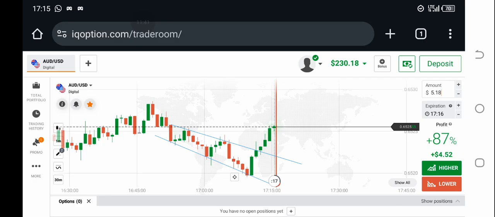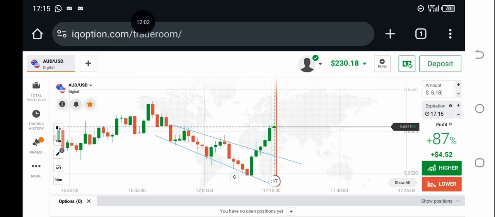At least you have seen hammer. I don't want to waste time and start drawing hammer. Either you see a hammer candlestick, an inverted hammer, a hanging man, a spinning top candle, or an engulfing candle. I believe by now you should be familiar with all these candlesticks. Then you are going to open a position at the level.